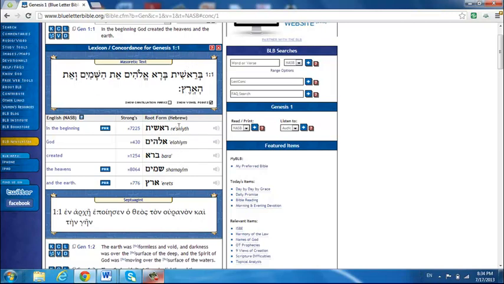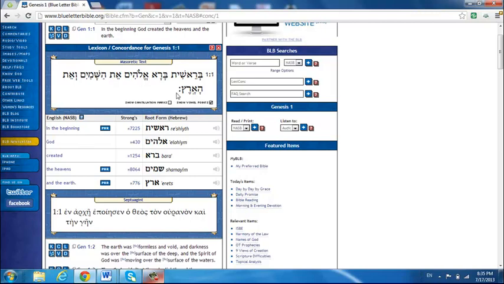These are giving you the basic core words behind each of these. And here is a translation of these words. So Reshit means beginning, and Bereshit, which is what is there, means in beginning, or in the beginning.